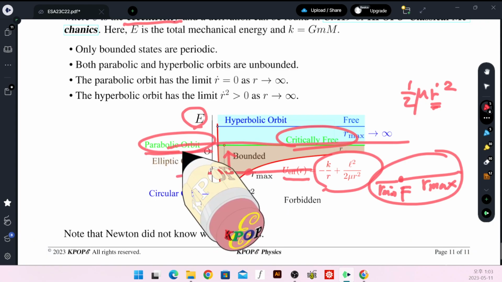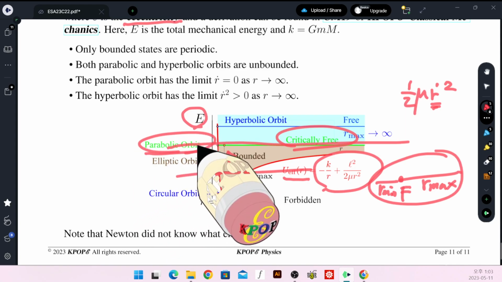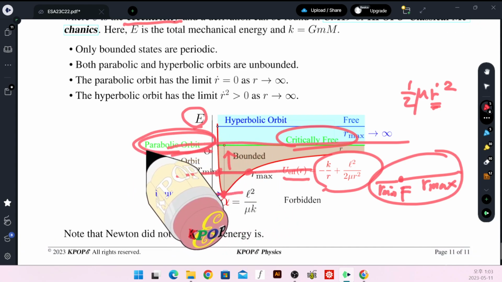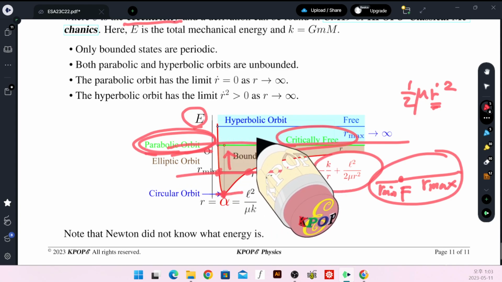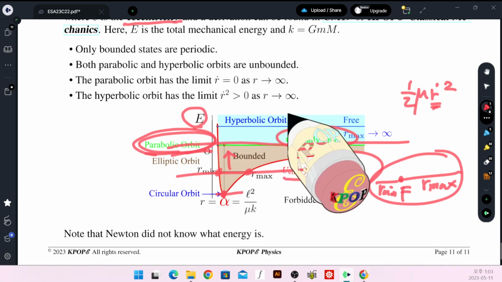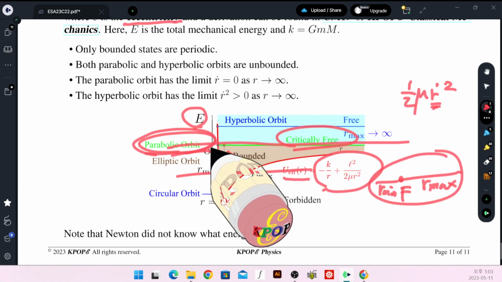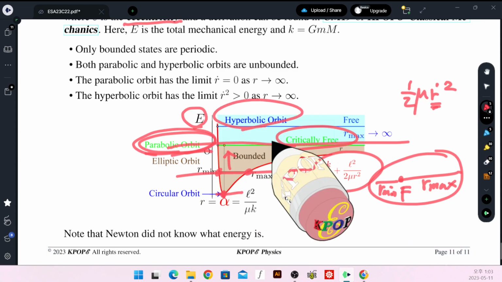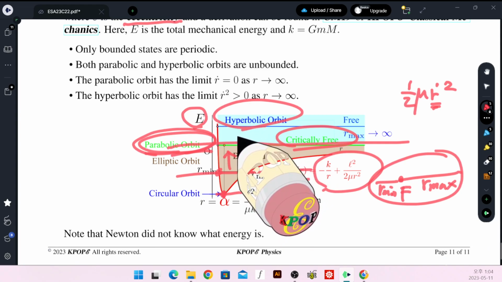So if you launch a rocket to escape from the Earth's gravitational force, the minimum energy required is given by a parabolic orbit. And if you launch a Voyager rocket, then you need to escape from the Earth and our solar system. So you need a lot of energy, much greater than that. In that case, it reaches a hyperbolic orbit.